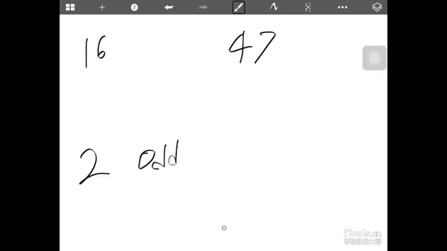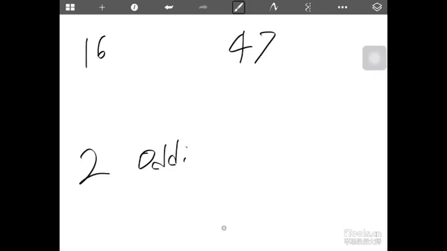Okay, the divisibility rule for the number 2: I'm going to give you certain numbers here, and we're going to see if any of them is divisible evenly by 2 or not. You probably know what odd and even numbers are, but I'll tell you right here.